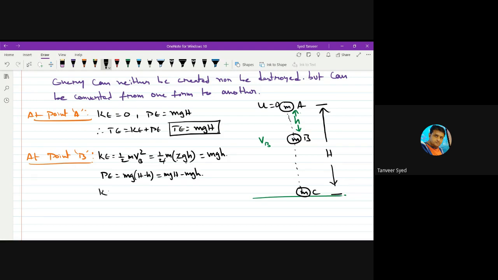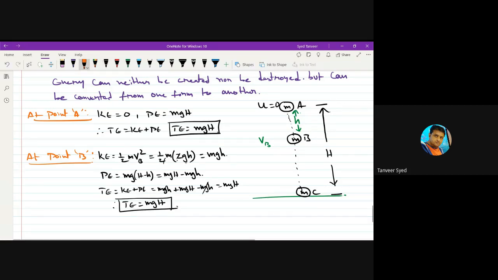Then what is total energy? KE plus PE: KE is mg small h, PE is mg capital H minus mg small h. These two cancel, which is again mg capital H. So total energy at point B is mg capital H.